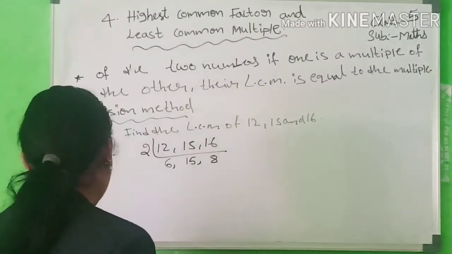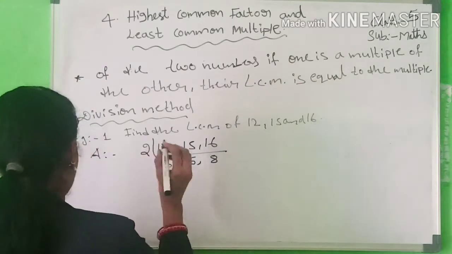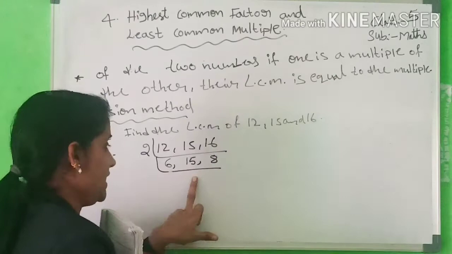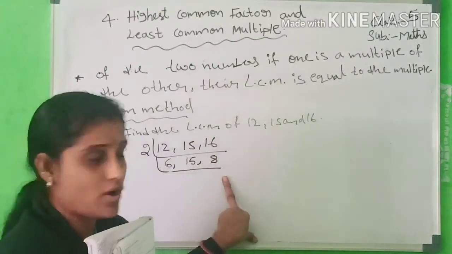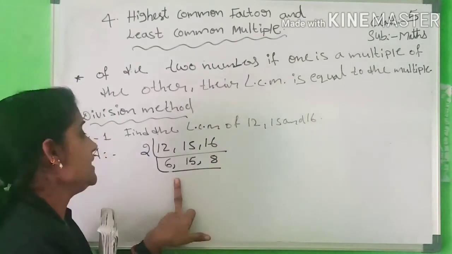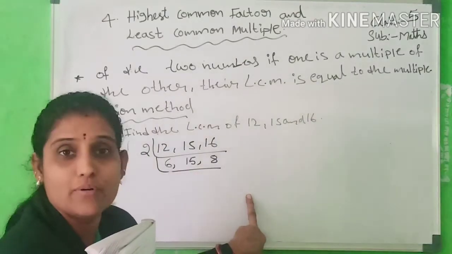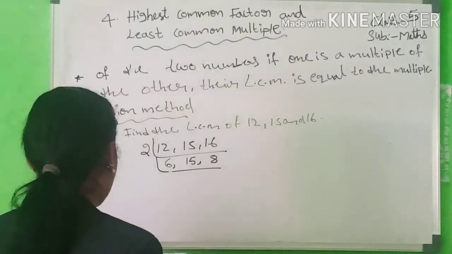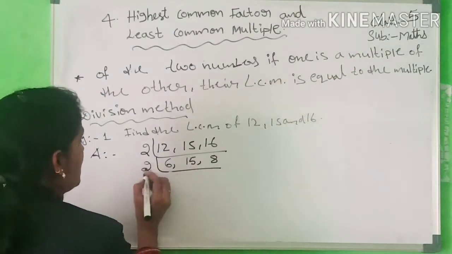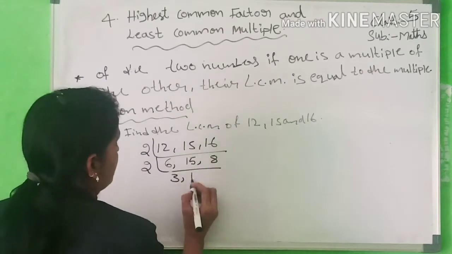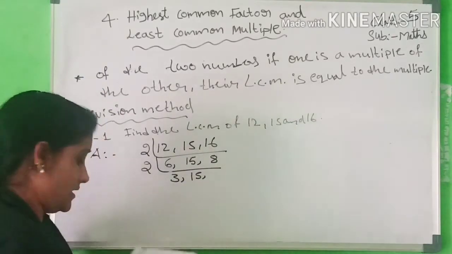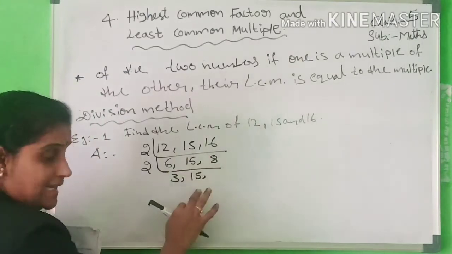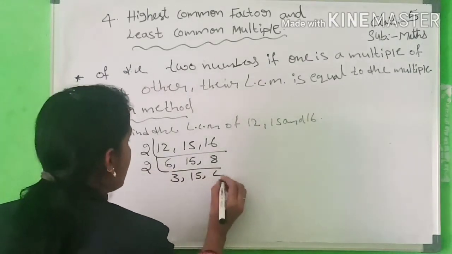Now 6, 15, 8 do not have any common factor, but 6 and 8 have 2 as a common factor. I am dividing by 2. 2 3s are 6, but you have to write 15, since 15 cannot be divided by 2, so take it down. Next, 2 4s are 8.